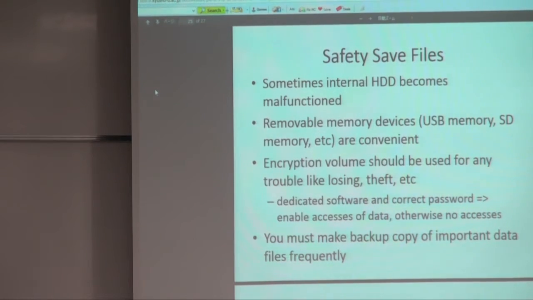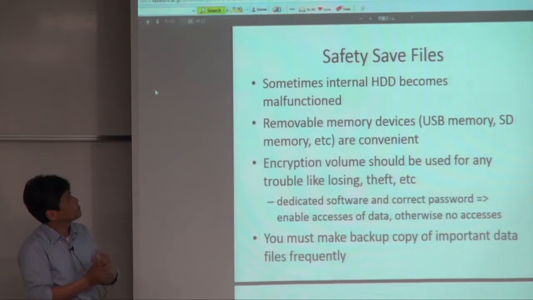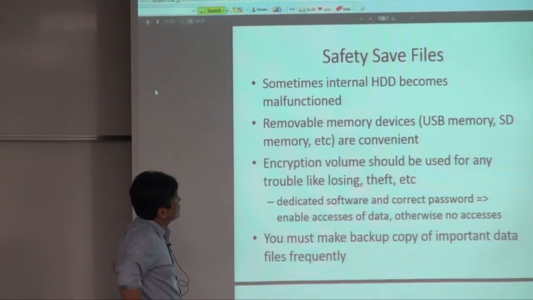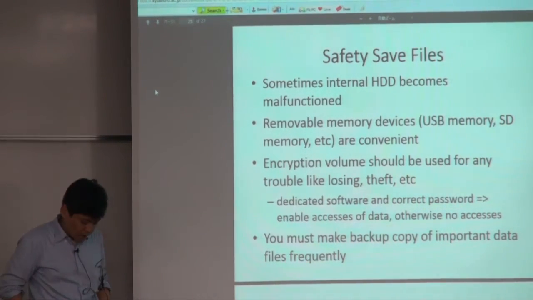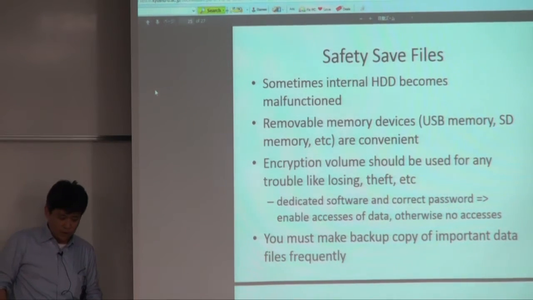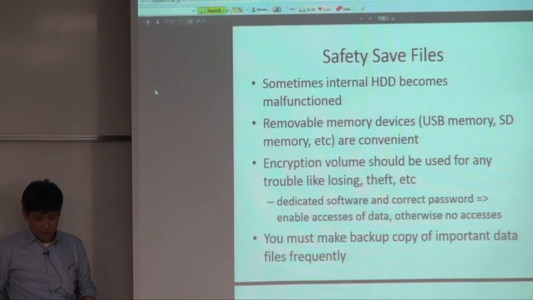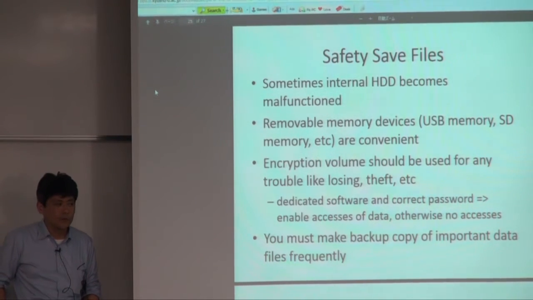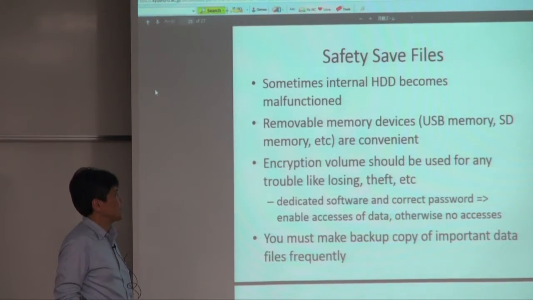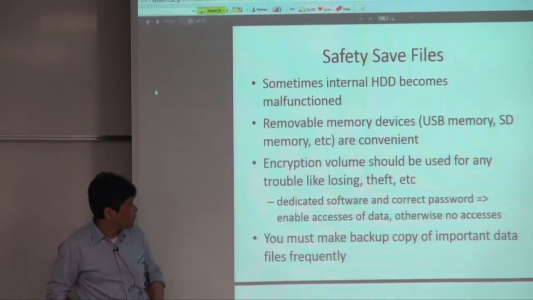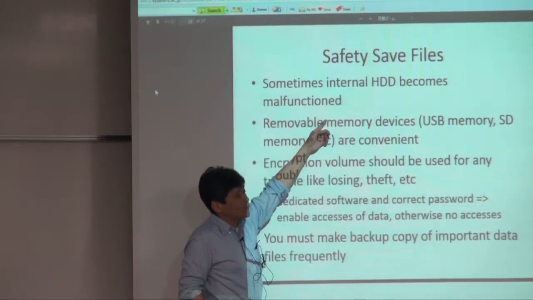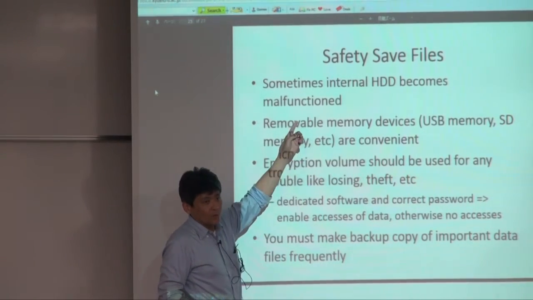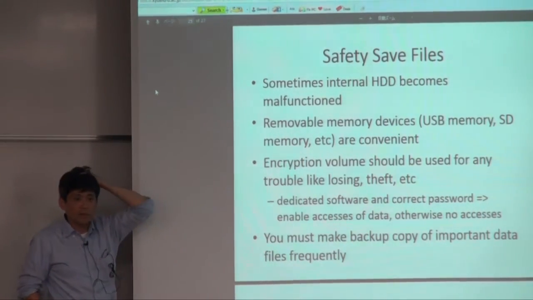So the final topic is how to safely save your important file. You have to make a copy of your important file and store it in very safe storage. Because sometimes the internal hard disk drive of your PC will malfunction.